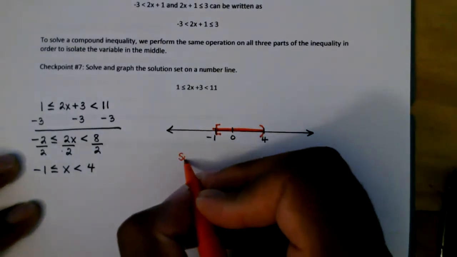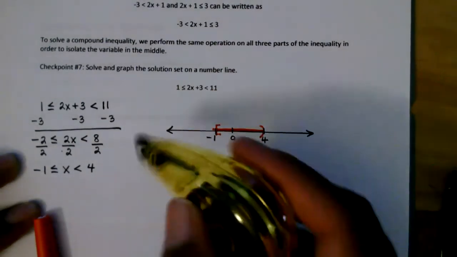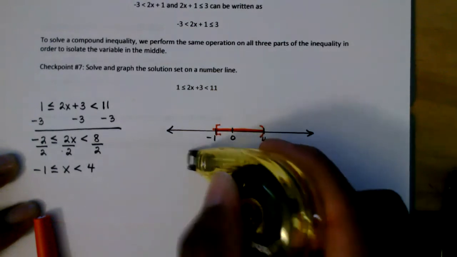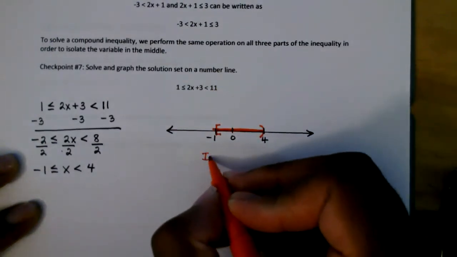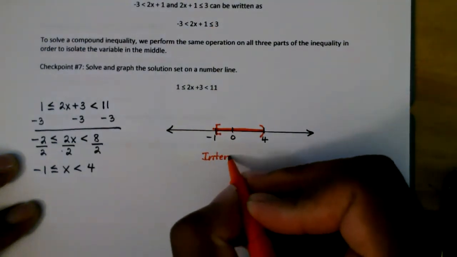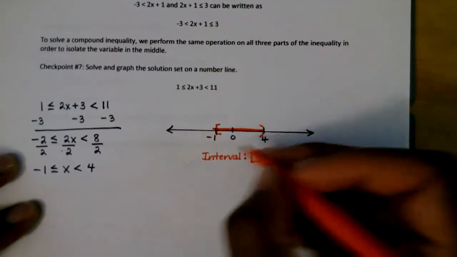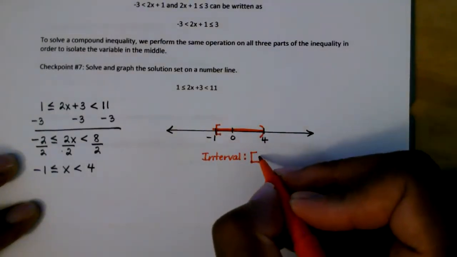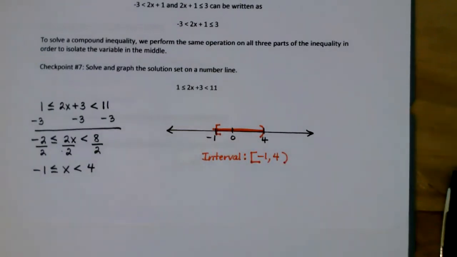And then for my solution set in interval notation, the negative 1 has a bracket, so we'll put negative 1 there, and the 4 has a parenthesis. So that's what your interval notation looks like.